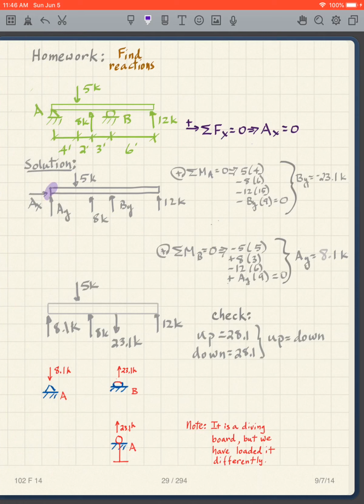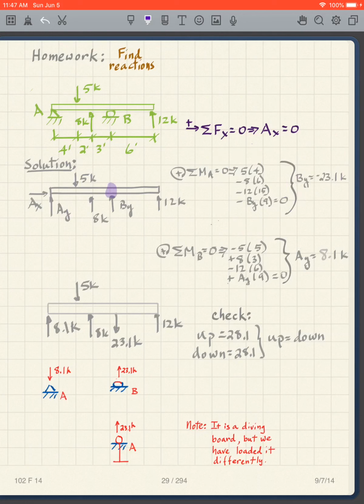We have moments about A. We're going to have 5 times 4, 8 times 6, BY times 9, 12 times 15, and that's going to be clockwise positive, counterclockwise negative, counterclockwise negative, counterclockwise negative. And solve that, we get BY is negative 23.1.